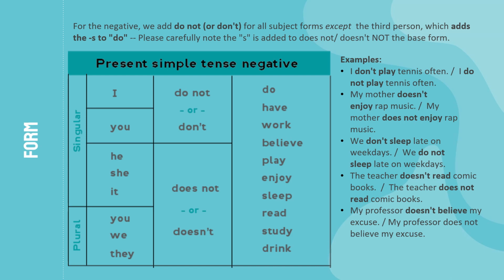Here is the table presenting the negative form of simple present. Examples: I don't play tennis often. In academic writing, you should write I do not play tennis often. You are not allowed to use contractions.